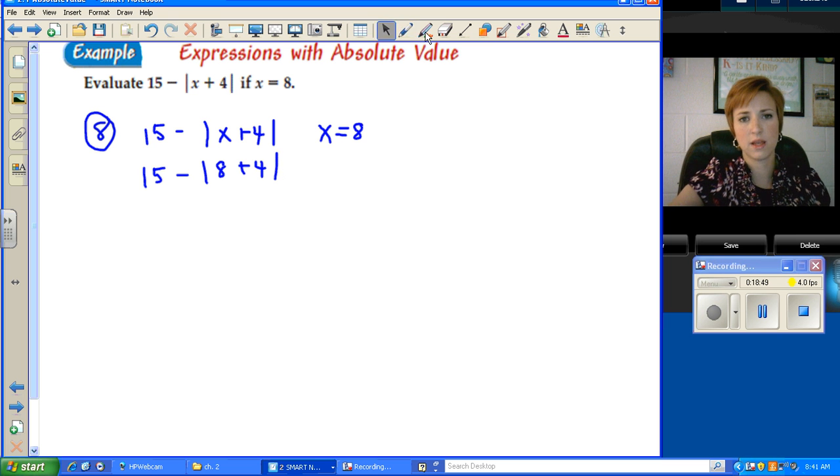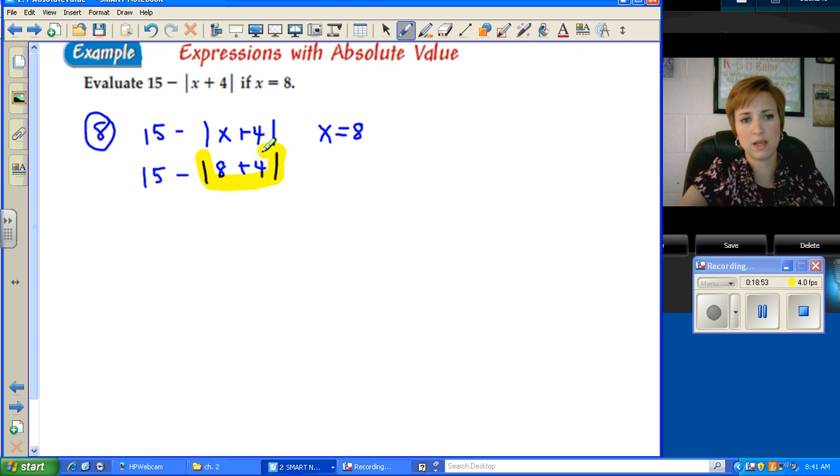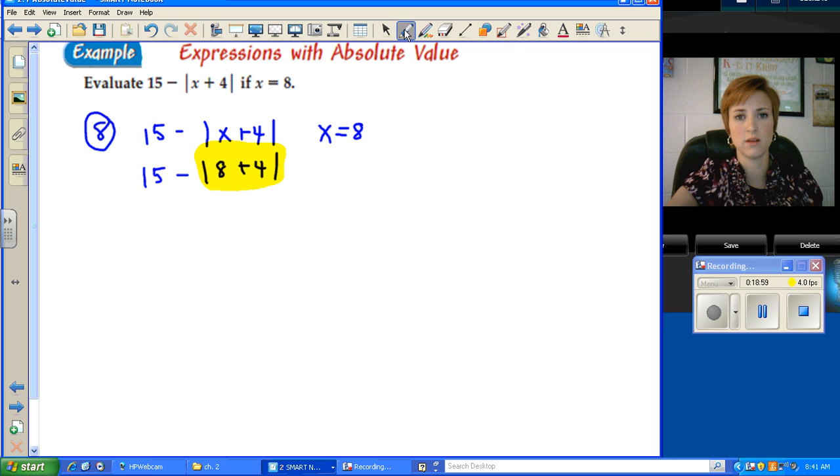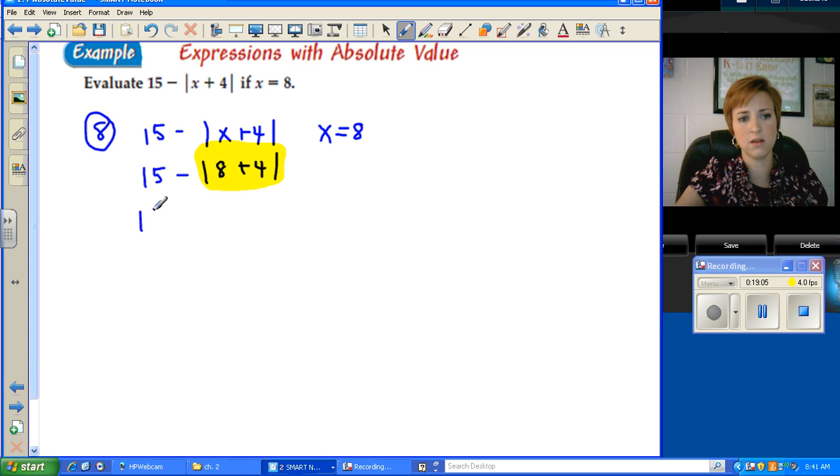Now here's one quick thing. You have to treat the absolute value bars like a parenthesis because they group. Remember, that very first step of order of operations isn't just parenthesis, it's grouping. So because absolute value is grouping these two numbers, I have to do them first. So I just drop down my 15 minus and say 8 plus 4 is 12. So the absolute value of 12.